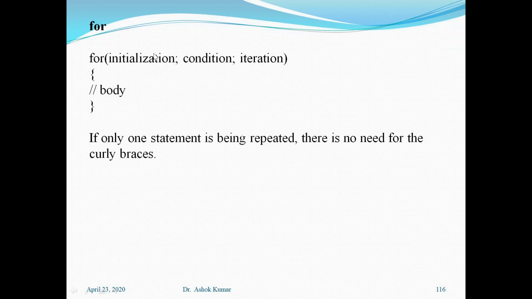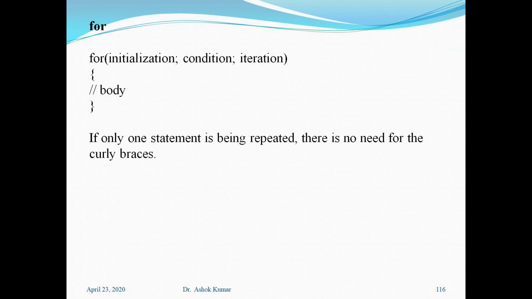The first expression is the initialization expression, like i is equal to 10 or i is equal to 0. So we will have some variable with some value, that is called initialization. It can be c is equal to a plus b. So we are initializing some variable over here.